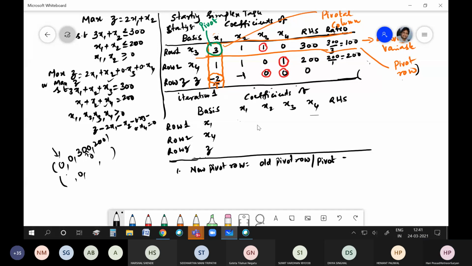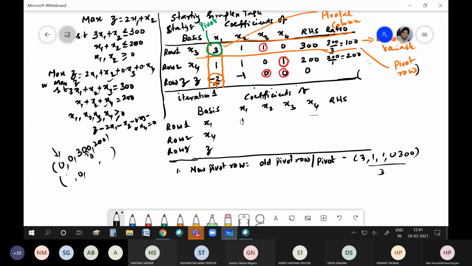Okay, so now what will be the old pivot row divided by pivot? That will be 3 1 1 0 300. All these I have to divide by 3. So when I do it, what do I get? For x1 I get 1.